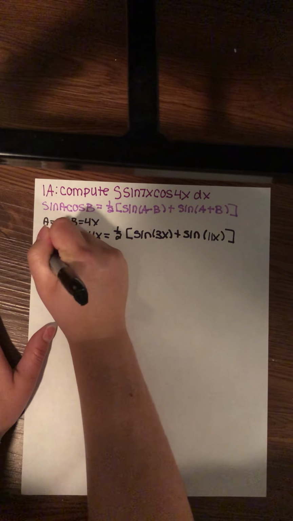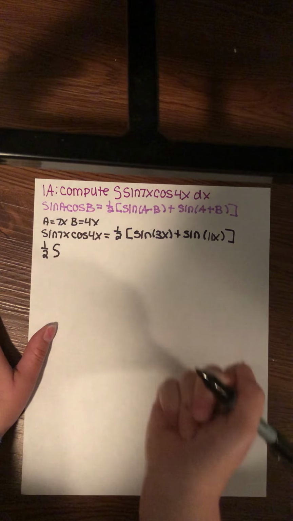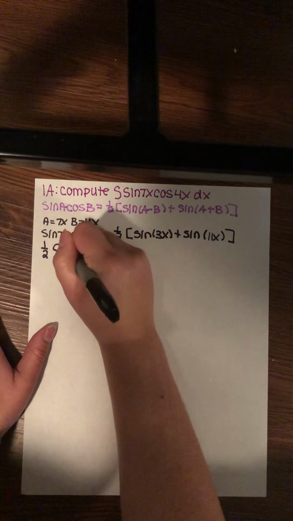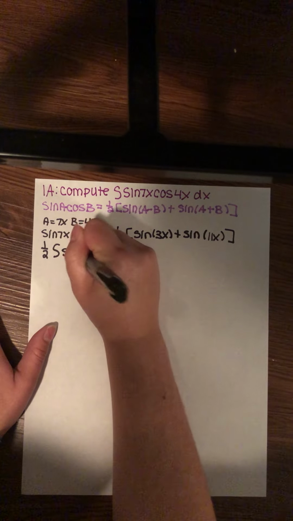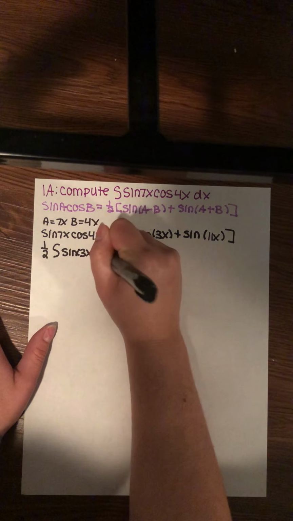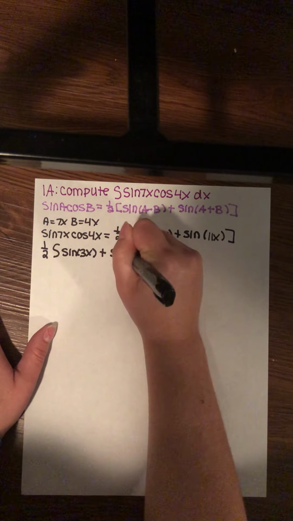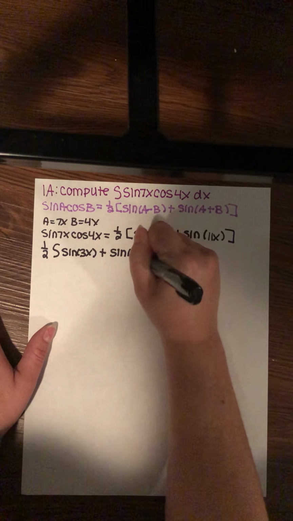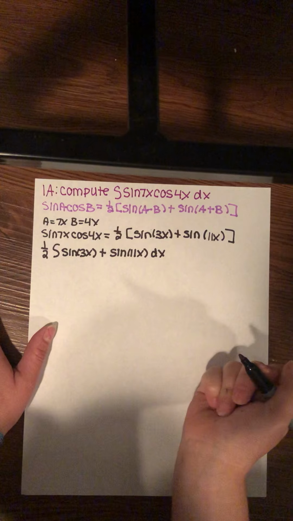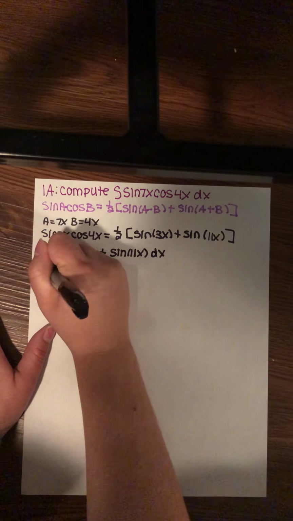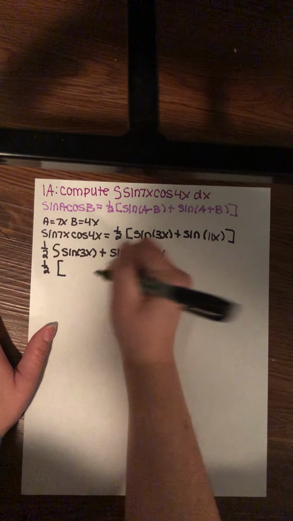We leave the 1/2 out of the integral because we can just put it in easier later. So 1/2 the integral of sine 3x plus sine 11x dx. Now, it might be easier to visualize this integration by splitting it up.